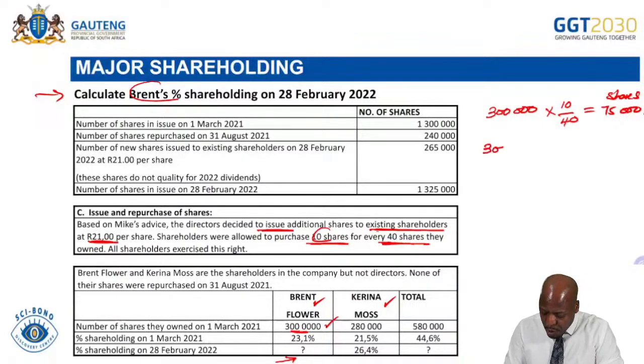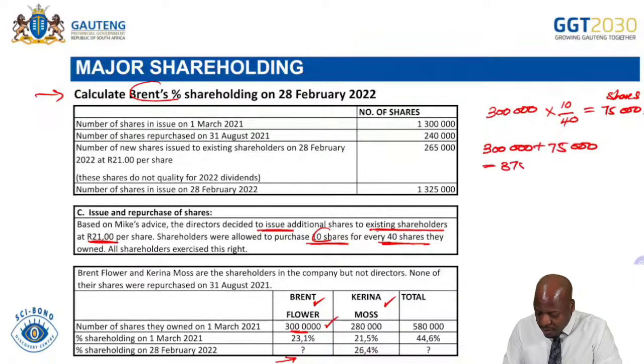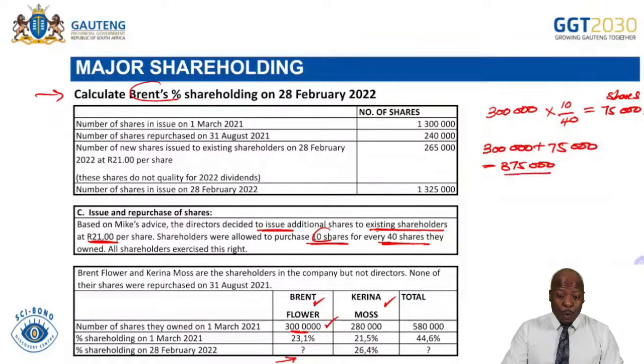He was having 300,000. That means he's now going to have 375,000 shares. Okay, so now he holds 375,000 shares.